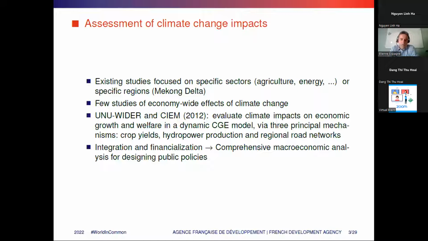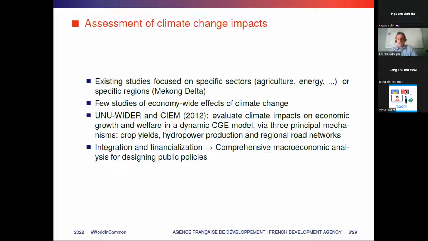So I would say the benefit of our modeling approach is that we integrate the financial side and more generally the balance sheet of the different actors in the economy.